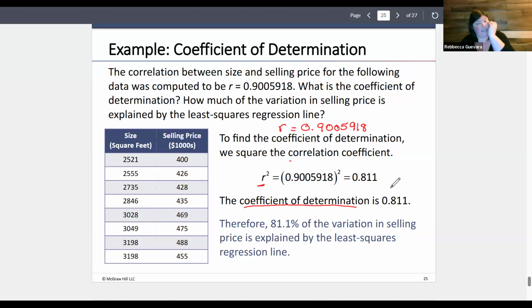So what this means is that 81.1% of the variation in pricing that I see in houses can be explained by a least squares regression line, and it can be explained by price. Or sorry, explained by footage. I keep saying that wrong. And explained by size.